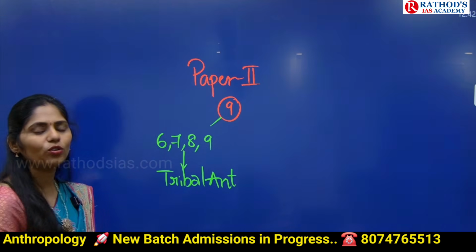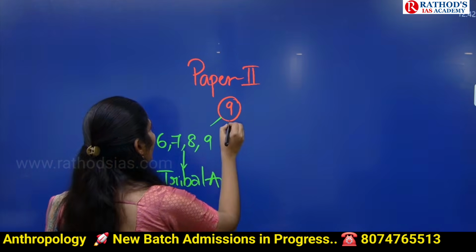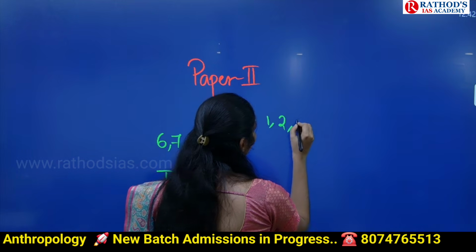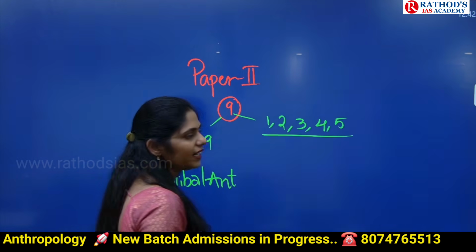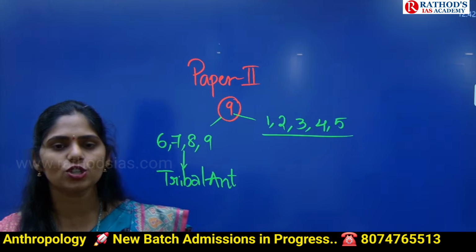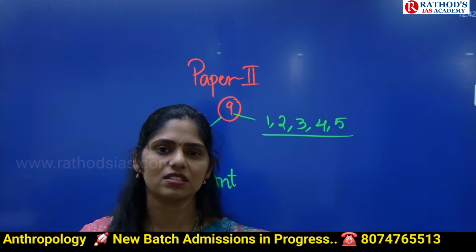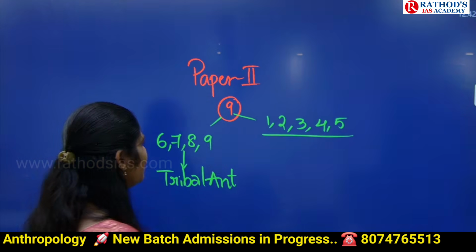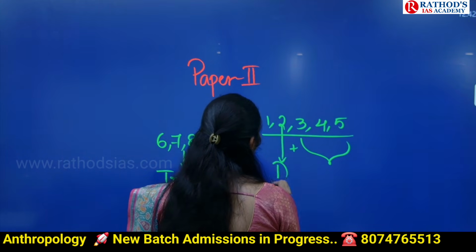We will be seeing only tribes in the 6th, 7th, 8th, 9th. And the next 1, 2, 3, 4, 5 are related to Indian culture, Indian society, Varna system, caste system, everything. It comes under socio-cultural anthropology, plus the second chapter will be like demography.